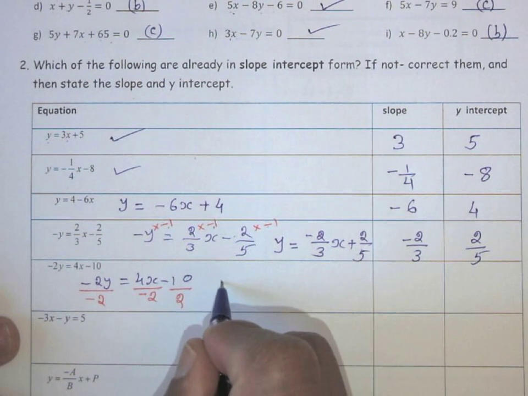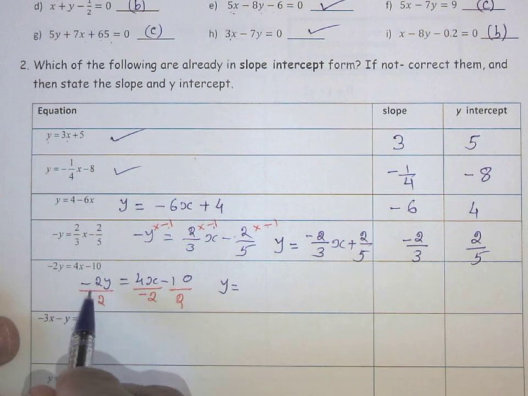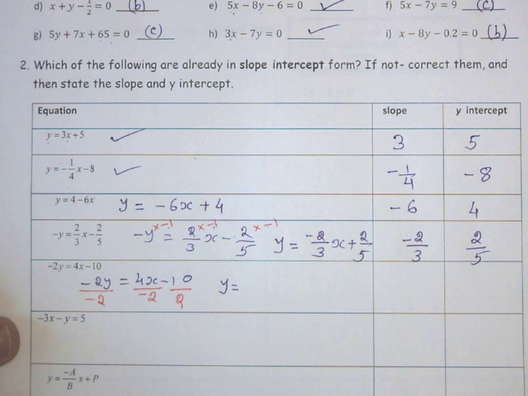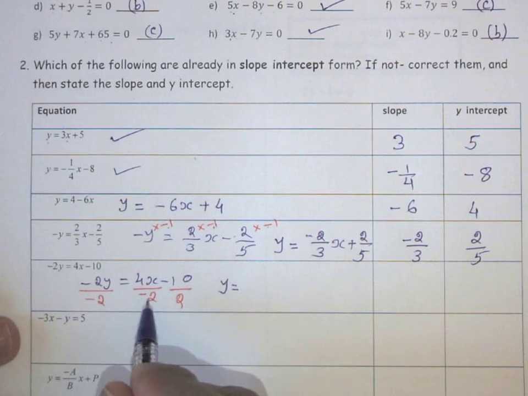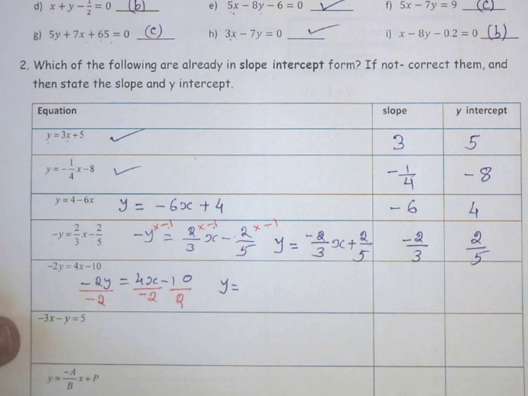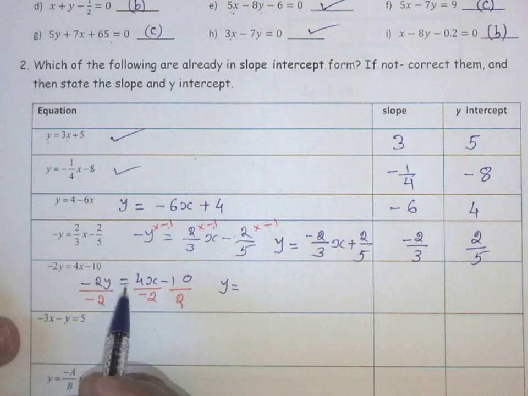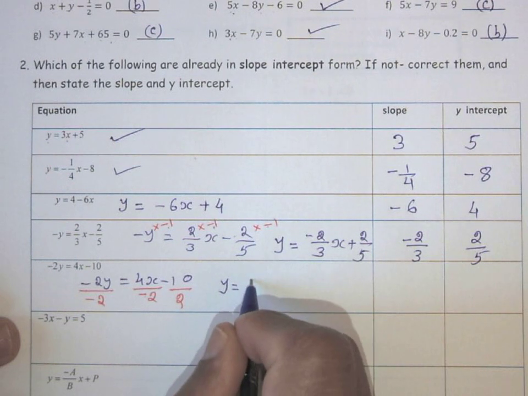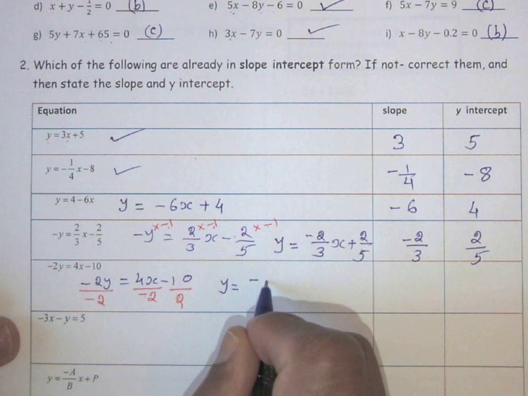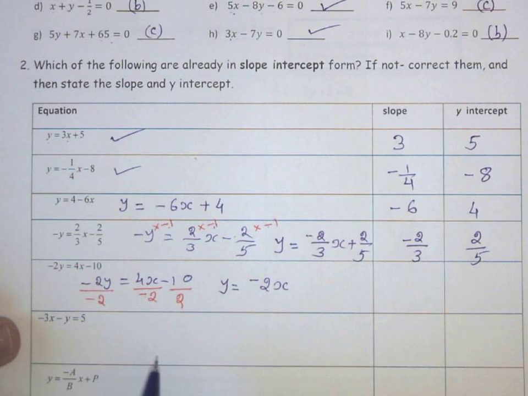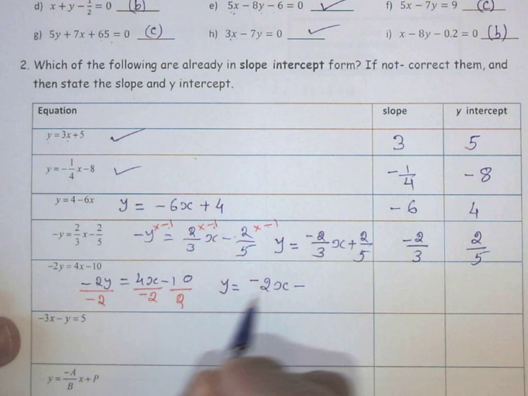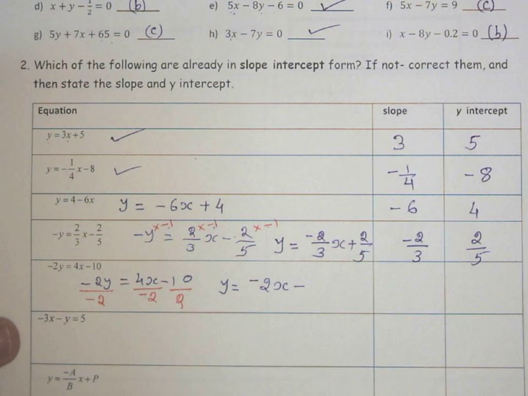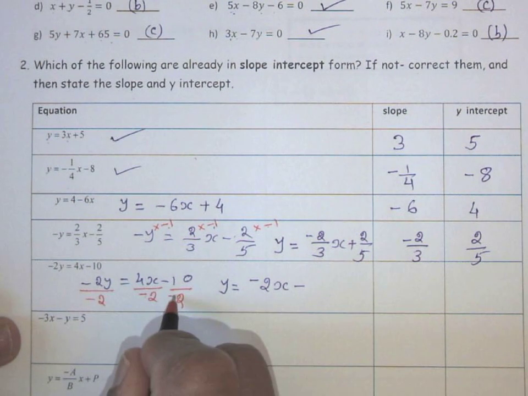So that becomes y equals negative 2 over negative 2, that reduces to 1, and y is equal to 4 divided by negative 2. It's a positive over negative, that becomes negative 4 over 2, that is negative 2x, and then we have a minus, a negative that is missing here, so you need to be careful writing that.